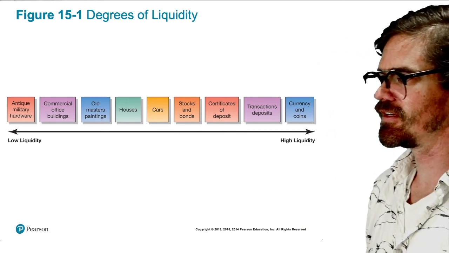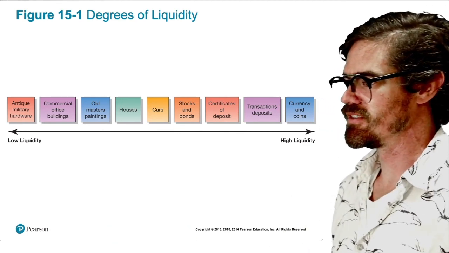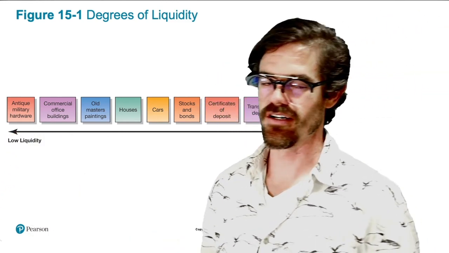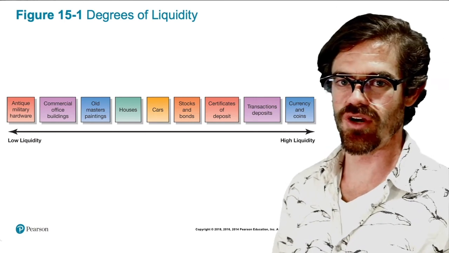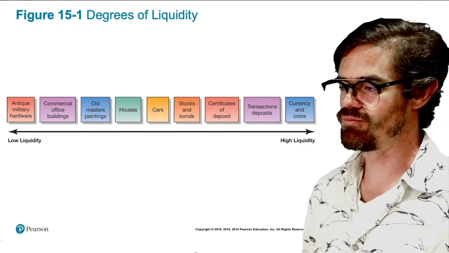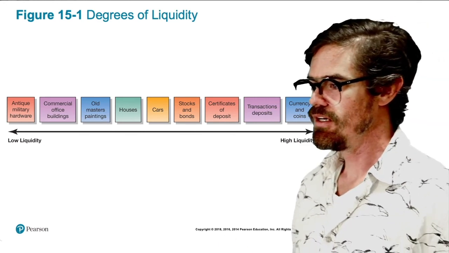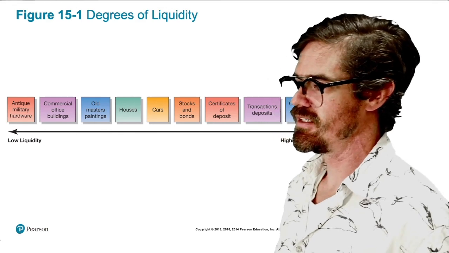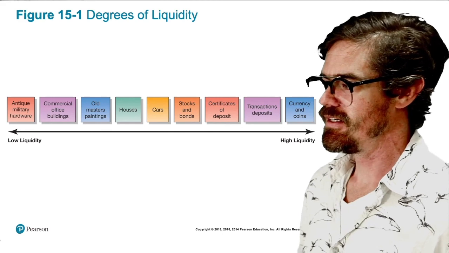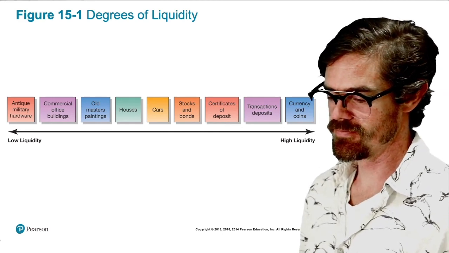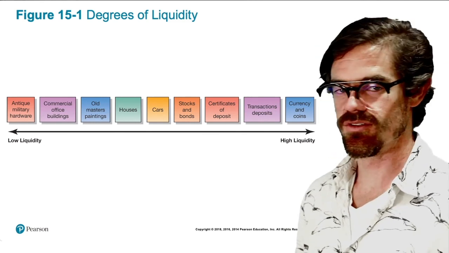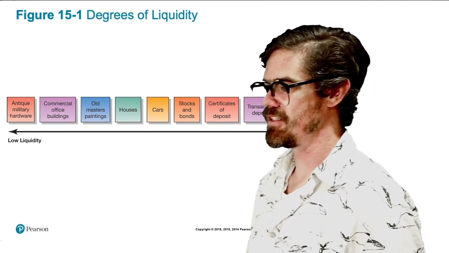All right, so here's some different things and their degrees of liquidity. You have low liquidity over here, antique military hardware. Those things are not being traded very frequently. If you had a piece of antique military hardware, it would be pretty hard to convert it into cash. Commercial office buildings, old masters paintings, like paintings from Picasso, some of those masters from the 17 and 1800s.